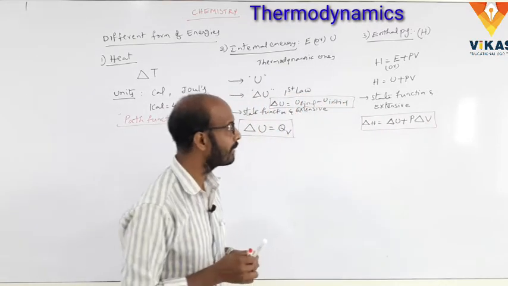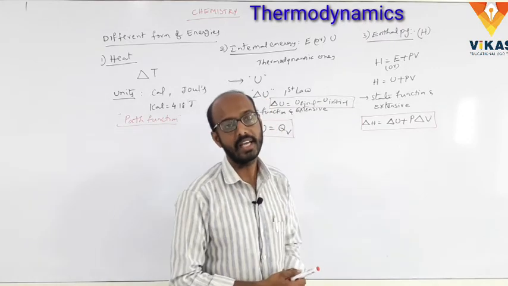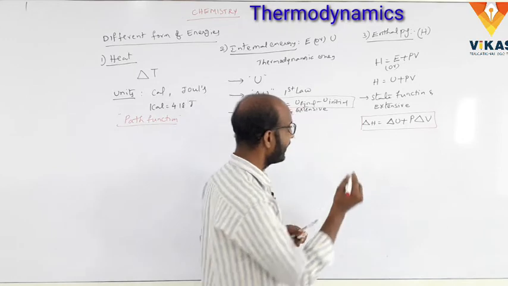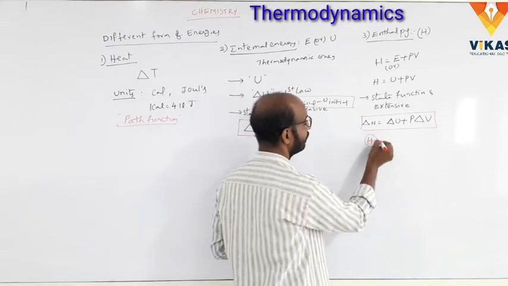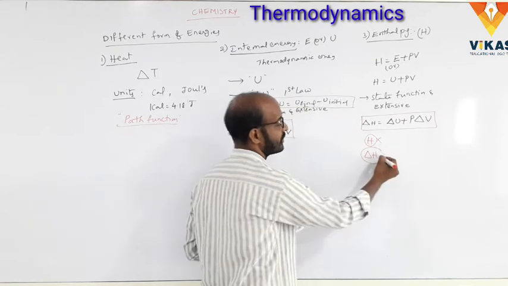It is impossible to determine the absolute value of the enthalpy; we can only determine the change in the enthalpy, that is delta H. Here we cannot directly find out the H value.